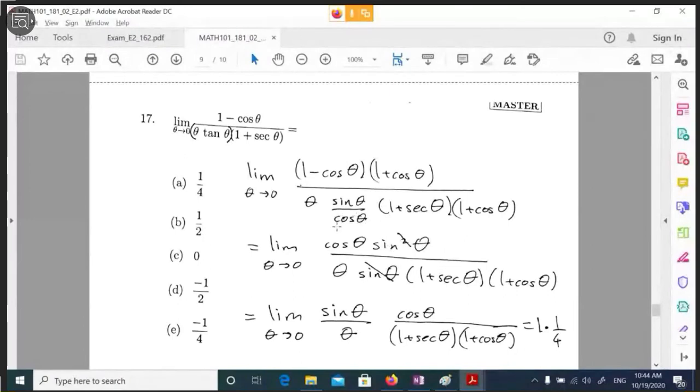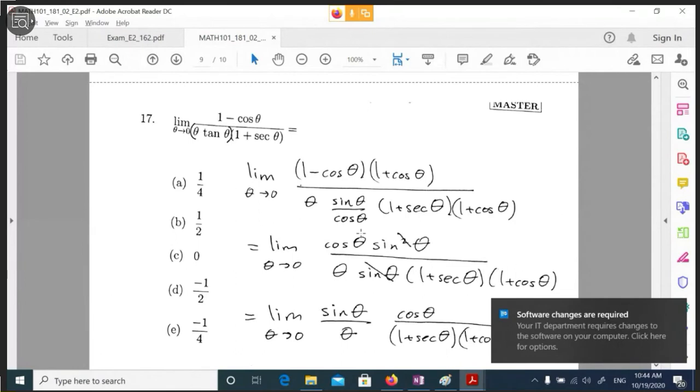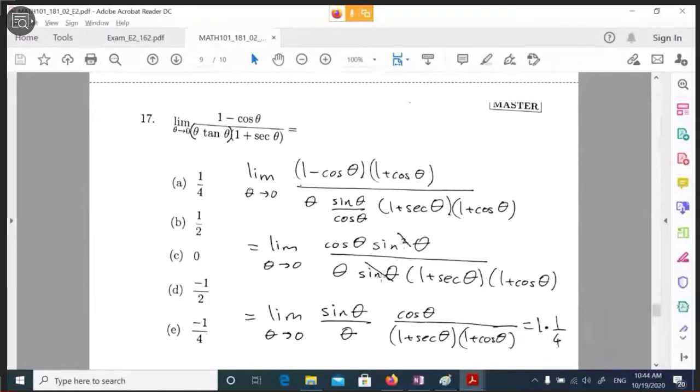And this cosine that is here, they move it up to the numerator. Then sine squared, you divide it by sine, it will give you 1 sine. So sine theta over theta, this is what I have here, because you simplify sine squared with sine, it will give you just 1 sine in the numerator, and you divide it by theta.